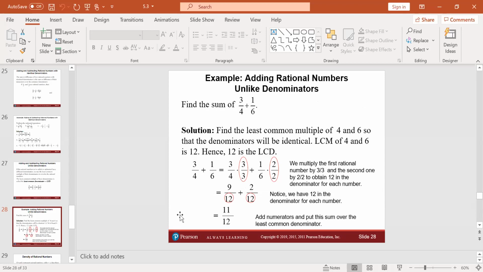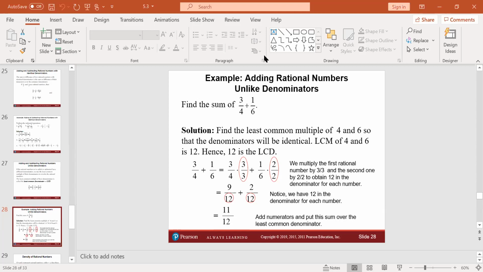And so to get 3/4 into a denominator of 12, you've got to multiply the top and bottom by 3. To get 1/6 into a denominator of 12, you've got to multiply the top and bottom by 2. So you'll end up with 9/12 plus 2 over 12. You keep the 12 denominator, you add 9 and 2, which is 11, and then 11 over 12 doesn't simplify. So you're good to go.